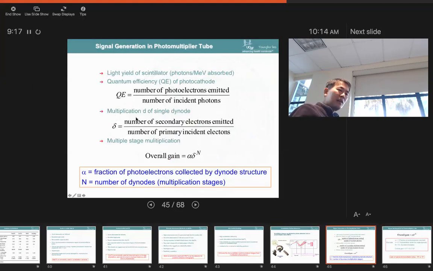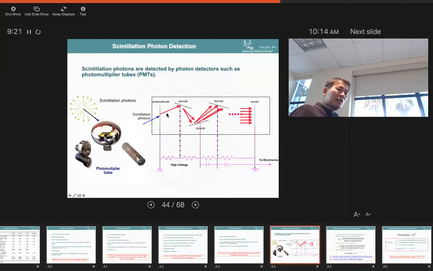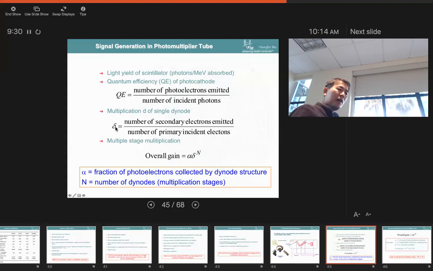Next, what is the multiplication factor of a single dynode? Each time the electrons are amplified by a dynode stage, we want to define how many electrons result. Is it amplified 10 times, 100 times, 1,000 times?